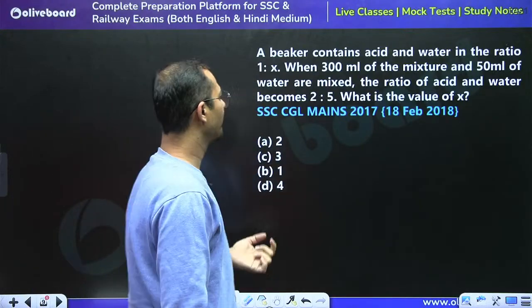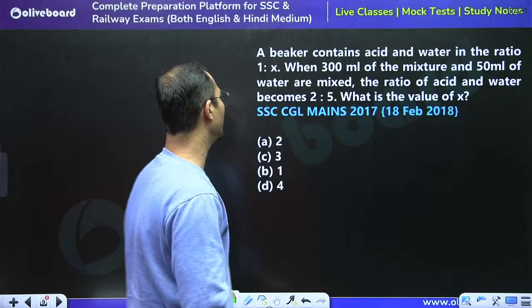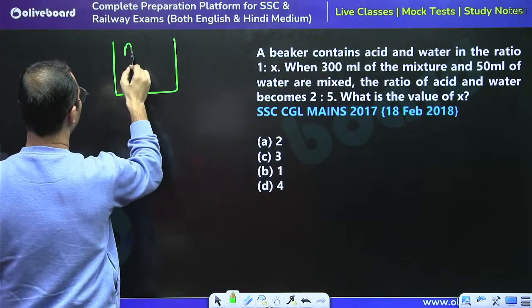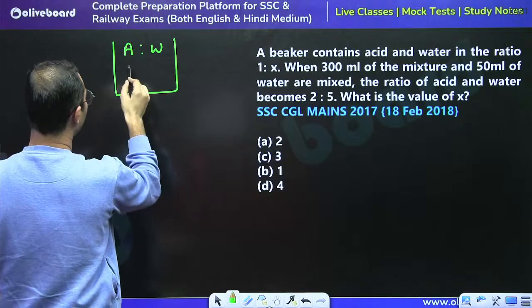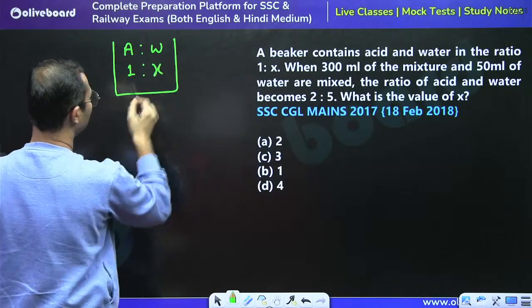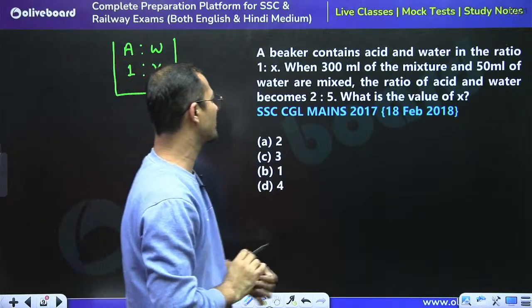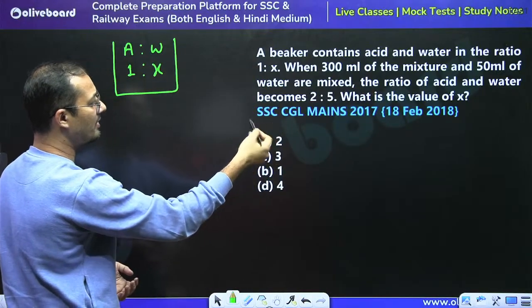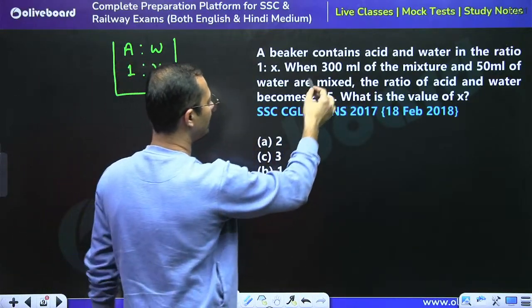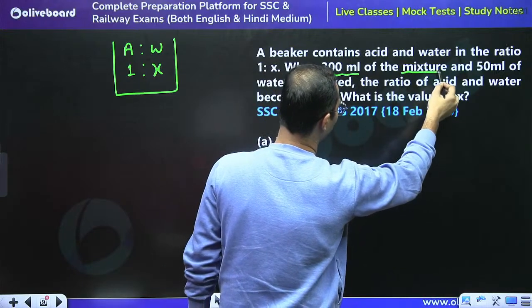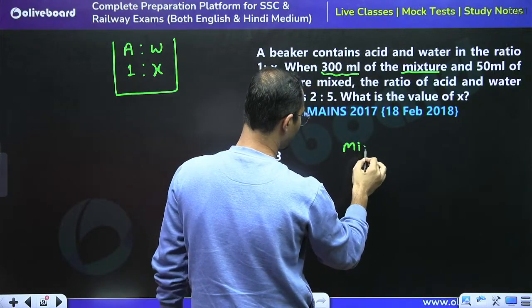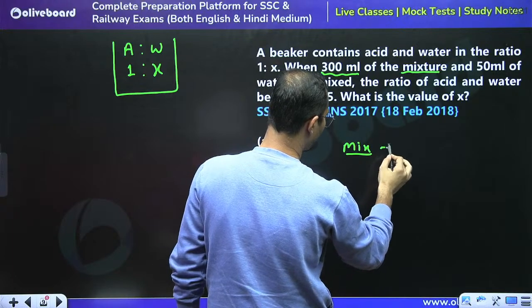There is a beaker which contains acid and water, and the ratio of acid and water is 1:x. When 300 ml of the mixture is taken out and 50 ml of water is added, plus water.